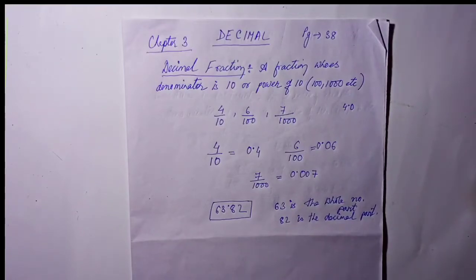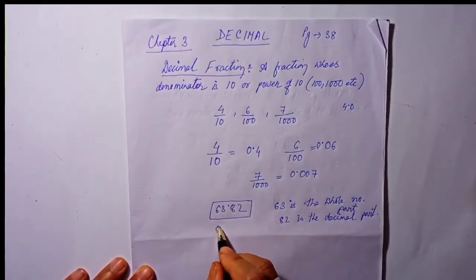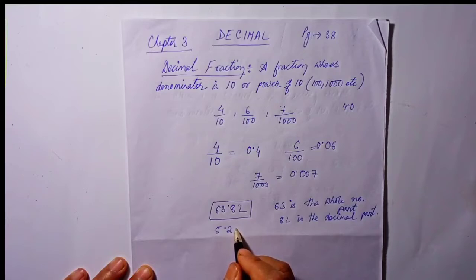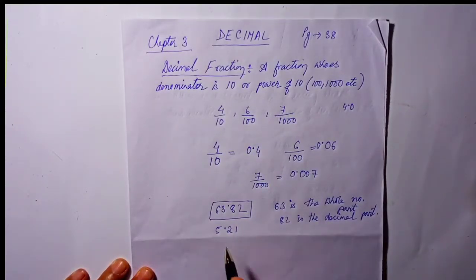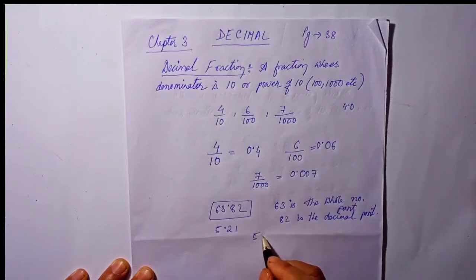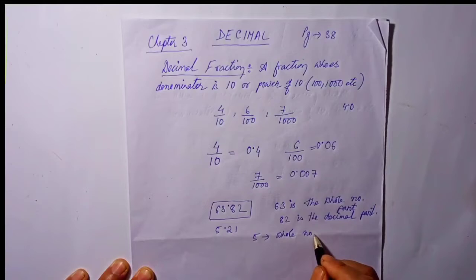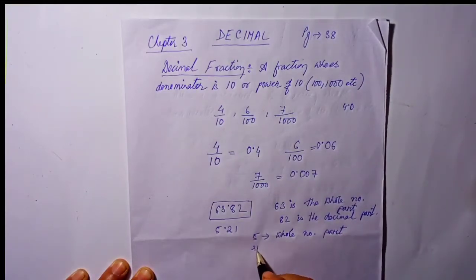Again, suppose I write a number 5.21. In 5.21, 5 is the whole number part and 21 is the decimal part.